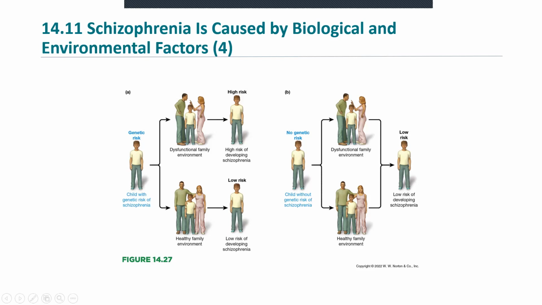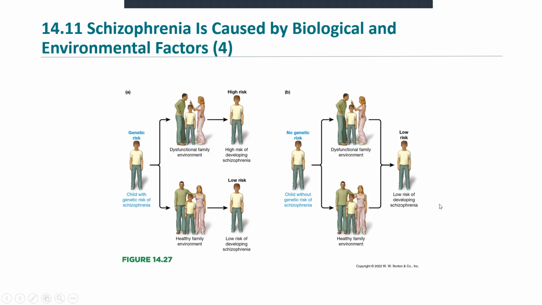So you need nature and nurture. So you've got some genetics that give you the risk, the diathesis, and then you also need stressors in life that trigger that vulnerability. And so this person in the right picture doesn't have a genetic risk. So whether or not they grew up in a stressful environment doesn't really matter.